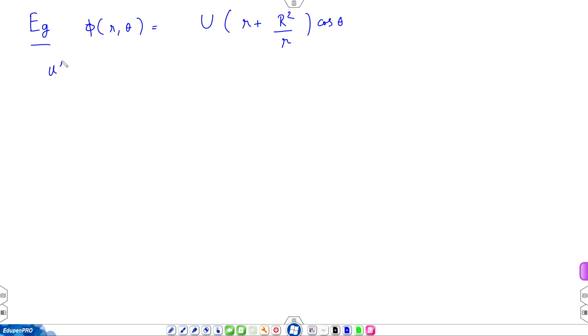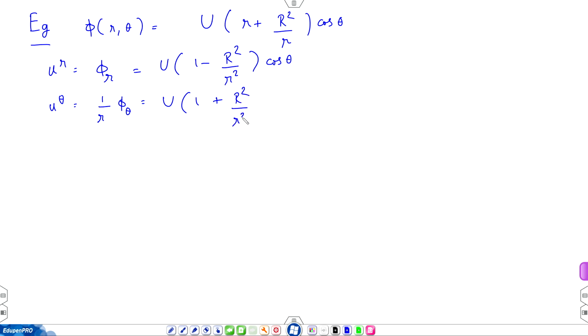U r is the partial derivative of phi with respect to r, which is U times 1 minus R square over small r square, times cos theta. U theta is equal to 1 over r times phi theta, which is U times 1 plus R square over r square, and with a negative sign, cos theta becomes minus sin theta. These are the velocity components.